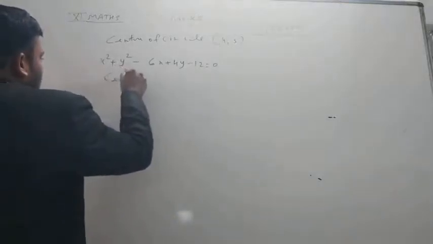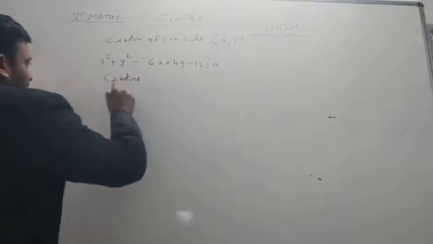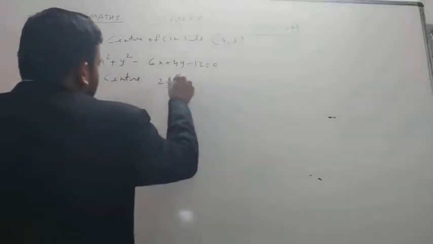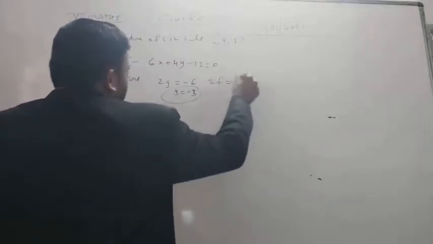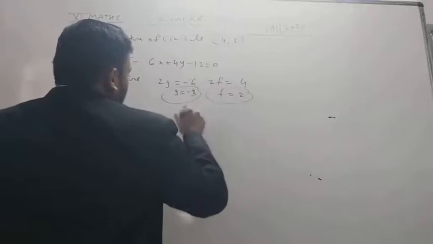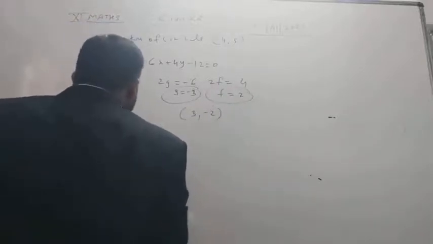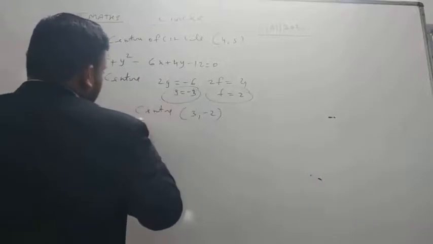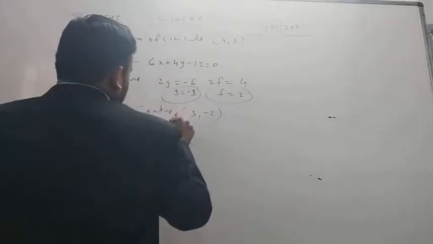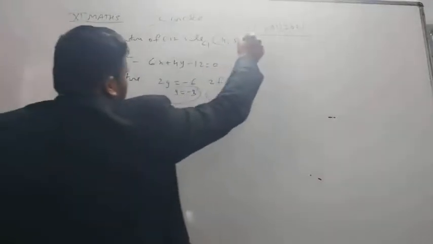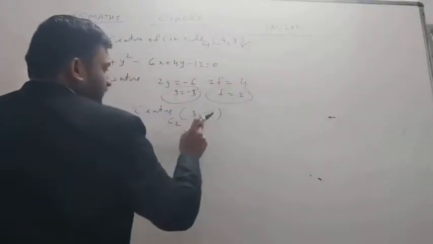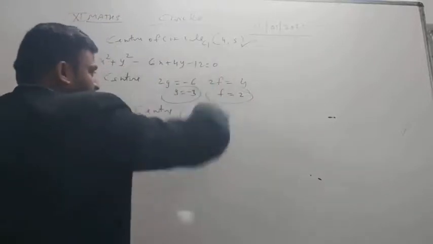So first of all we will find the center of this circle. For the center we compare: 2g is minus 6, so g is minus 3, and 2f is 4, so f is 2, so center is 3, minus 2. Okay student, the center of this circle is, let's say, C2 and the circle we have to find is C1.